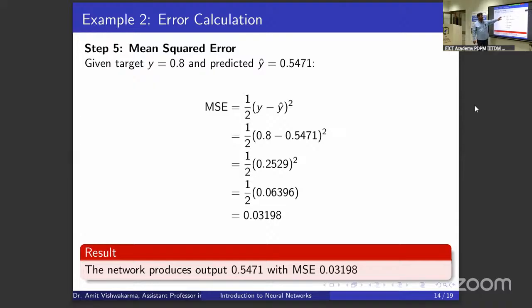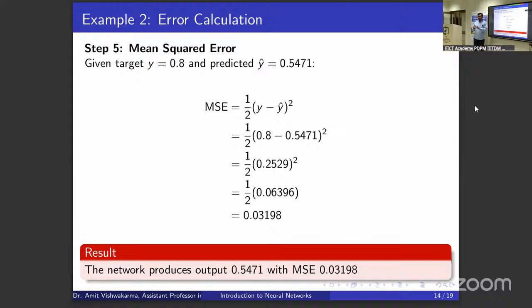Mean square error means compute the error between the true and predicted value, take the square and compute the mean. If you don't use the half, that is also fine. So 0.8 minus this, then half of it, if you solve, you will get 0.03198.